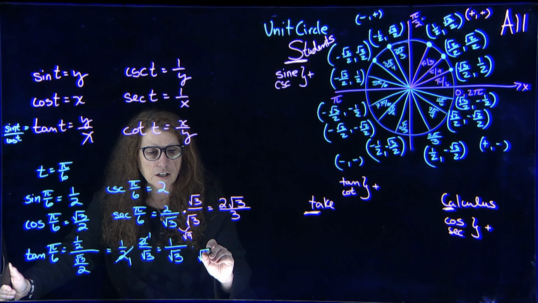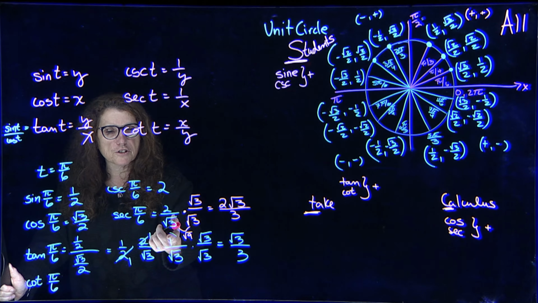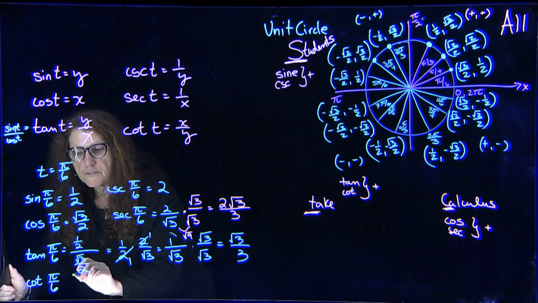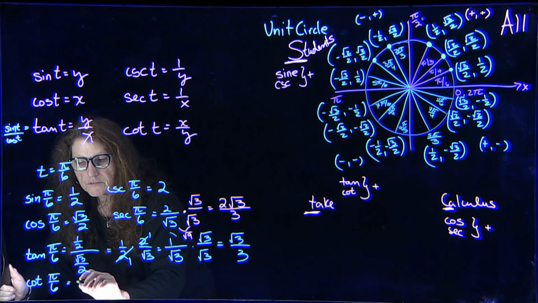Okay, now the cotangent of pi over 6 is the reciprocal, which the initial one was 1 over square root of 3, so that would be square root of 3 over 1. We do not have to rationalize here. So that's how you find the 6 trigonometric functions based on the unit circle.